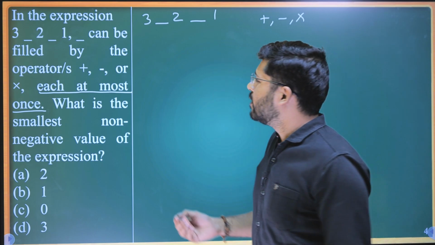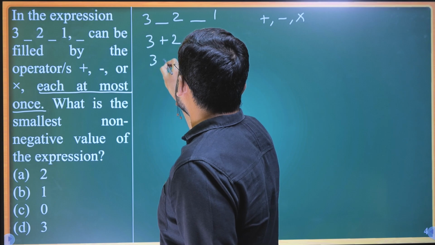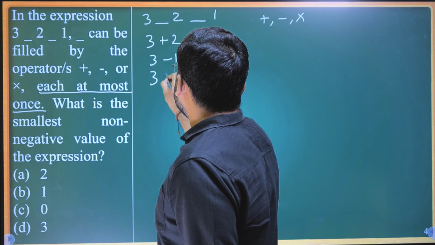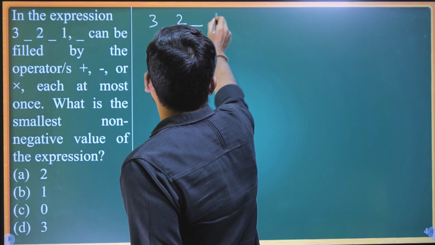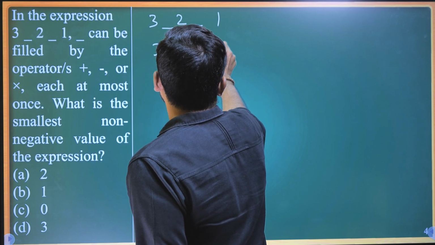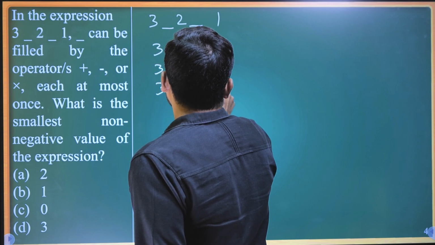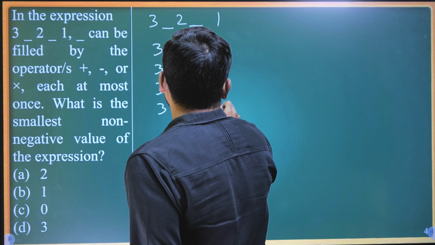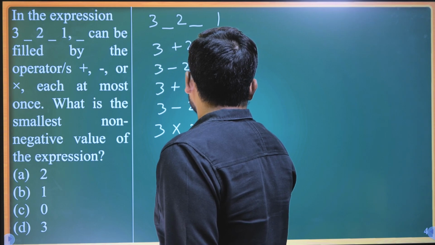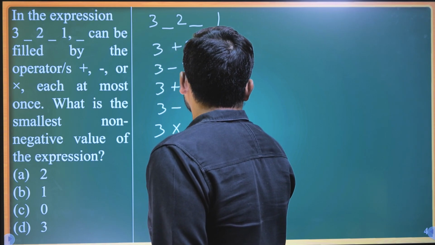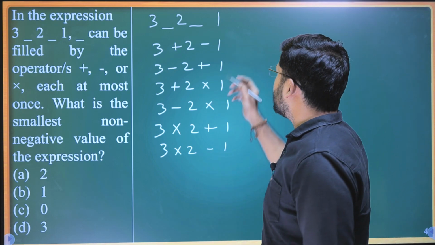We shall just check them. 3 dash 2 dash 1: 3 plus 2 minus 1, 3 minus 2 plus 1, 3 plus 2 into 1, 3 minus 2 into 1, then 3 into 2 plus 1, 3 into 2 minus 1. These are all the possibilities, right?